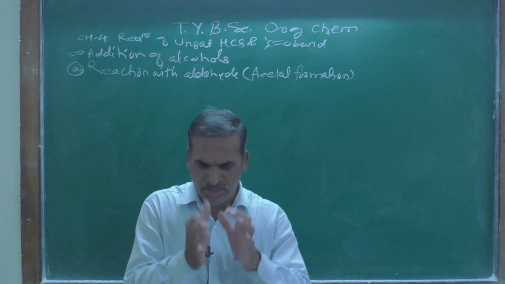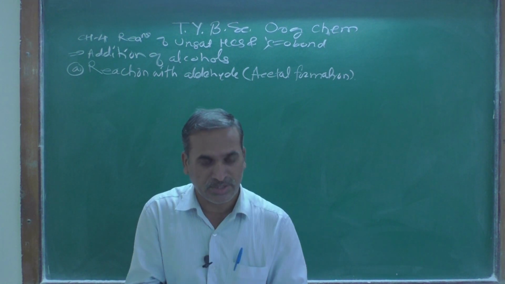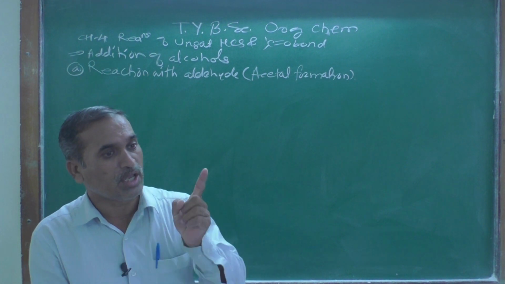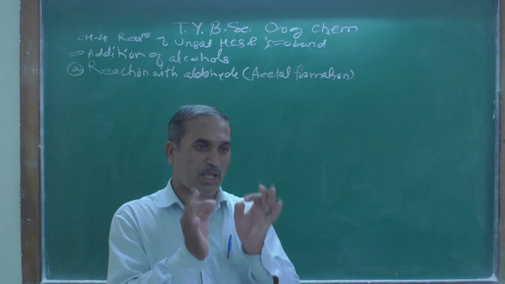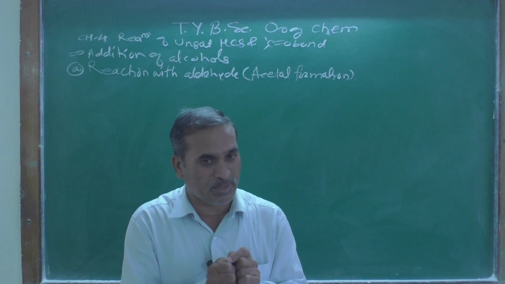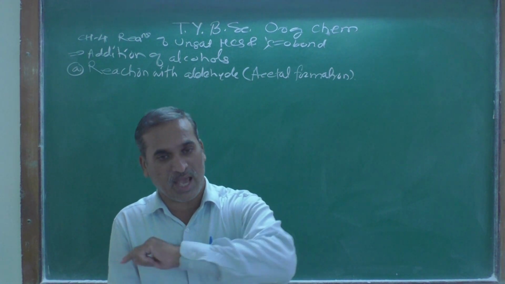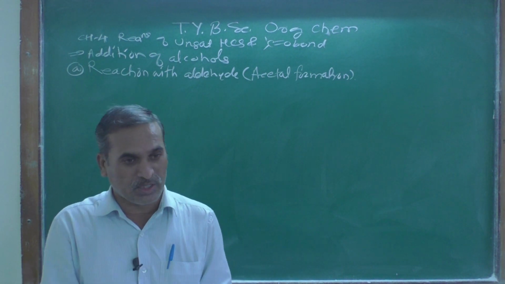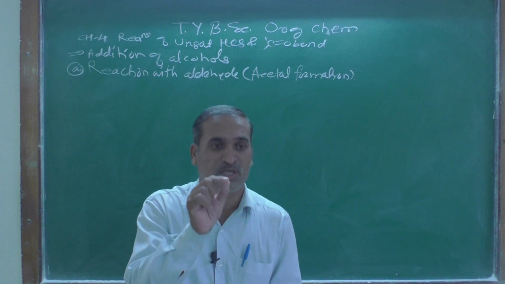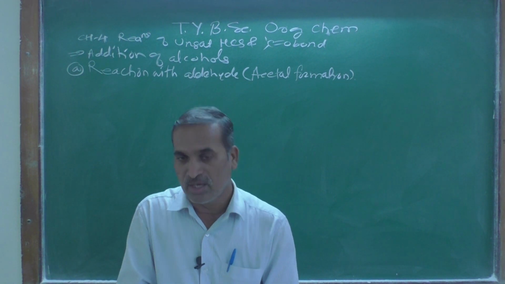Now here the aldehyde, when treated with alcohols, forms the hemiacetal first. Hemiacetal means there is an ether group on the same carbon atom, as well as the alcoholic group, and that type of organic compound is called a hemiacetal.